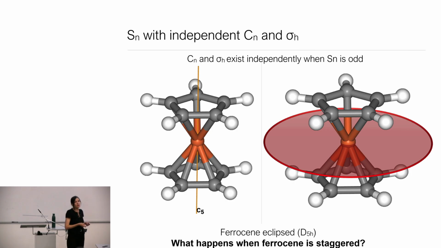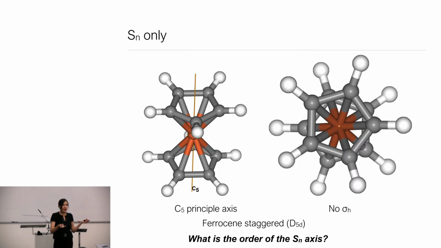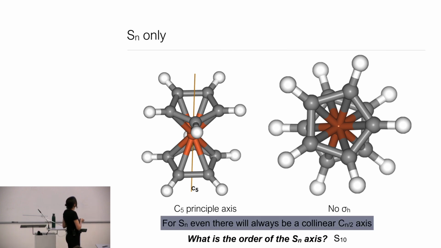And so what happens when ferrocene is actually staggered? Most of you who've had this before would already guess that I lose my independent C5 axis, and I also lose my independent sigma H. What's actually happening here is that I do have an Sn axis, but in this case it is an S10.